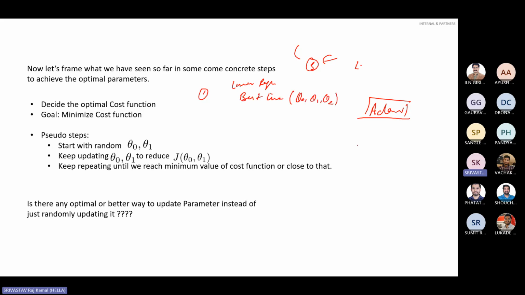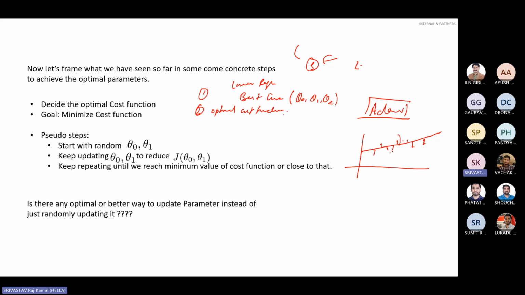Then we figured out that if these are data points, there could be n lines. So we decided to find some optimal cost function. The cost function is the way through which we decide which line to take. The line for which the sum of these differences is lesser is possibly a good line for us.